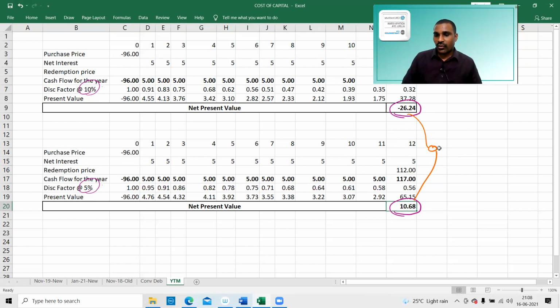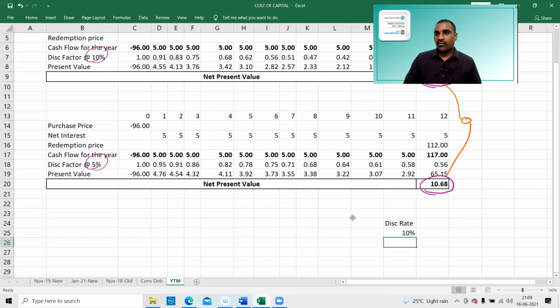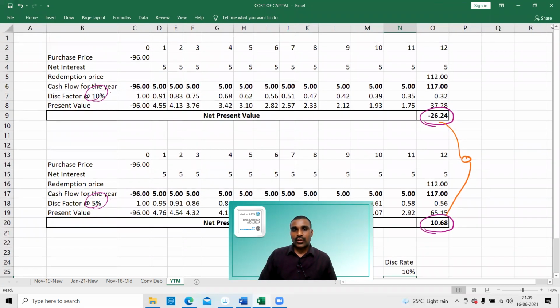So we'll start with this point. What is the IRR? What discount rates have we used? First, we used the discount rate of 10%. I'm showing the screen for your comfort, so you can go through the process.